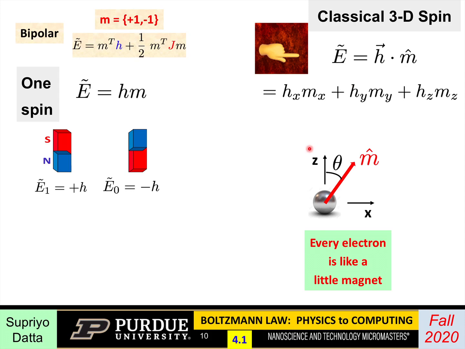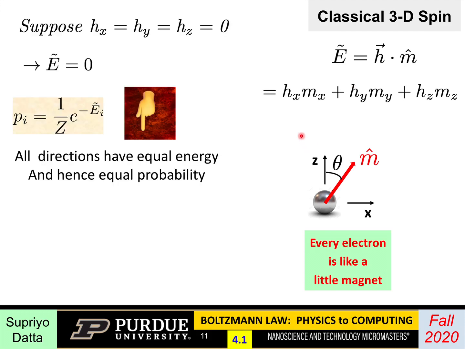Now, if we did that, I'd like to point out that it doesn't quite correspond to what people see experimentally, and that is why you need this quantum description. So suppose we put h equal to 0. Then the energy is equal to 0, which means regardless of which direction this elementary magnet points, the energy is the same.